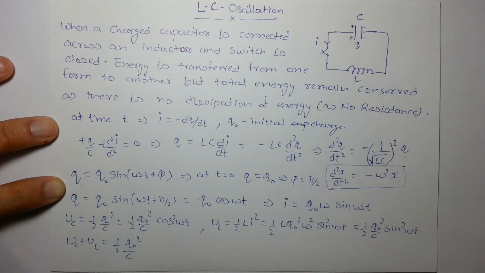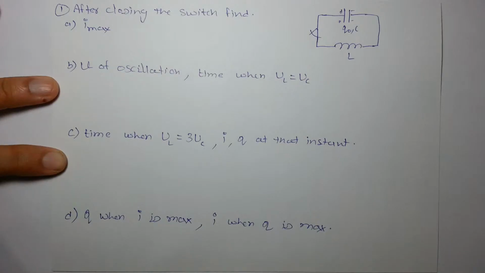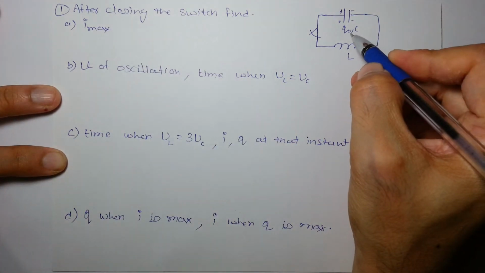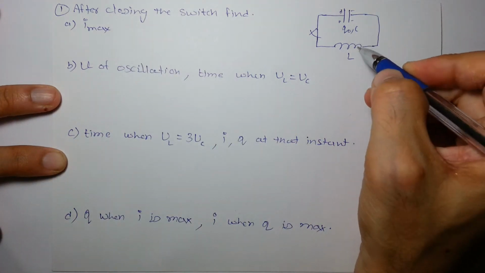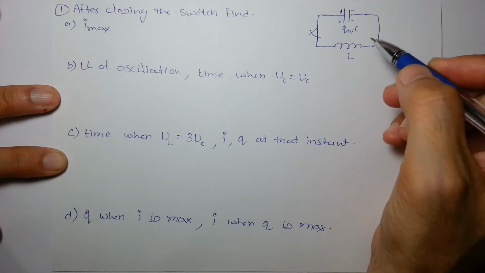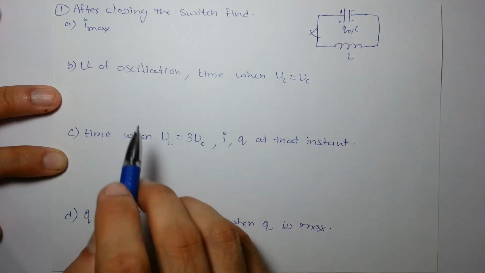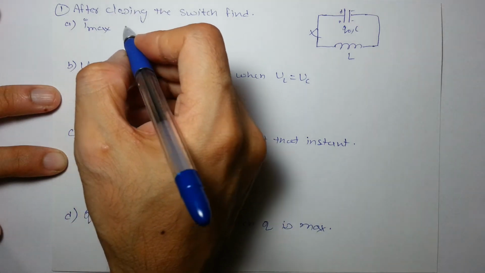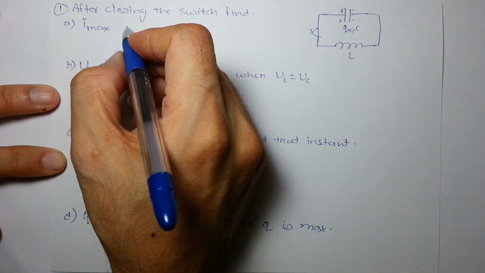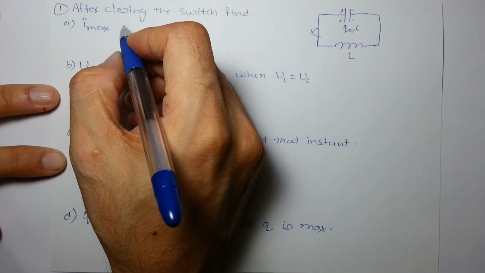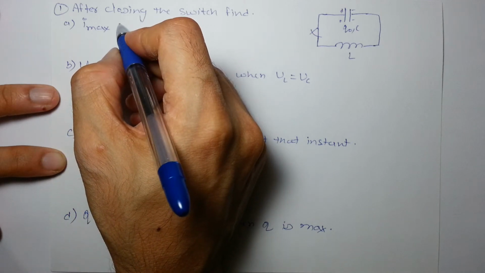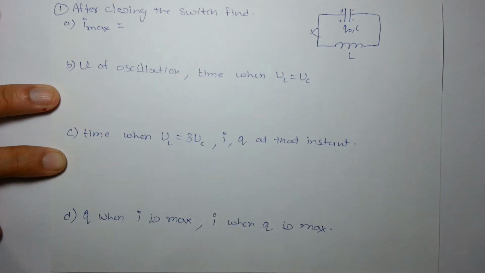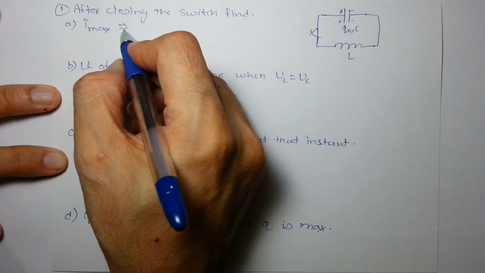Okay, so let's solve a few questions. The initial charge on the capacitor is Q naught, capacitance is C, and inductance is L. The circuit is closed at t equal to 0. After closing the switch, find the I max. To get I max, you can either solve it by using energy conservation or you can derive the equation. I am using energy conservation.